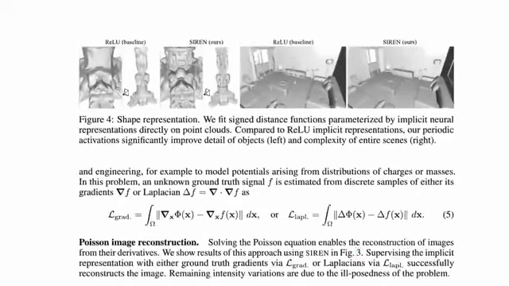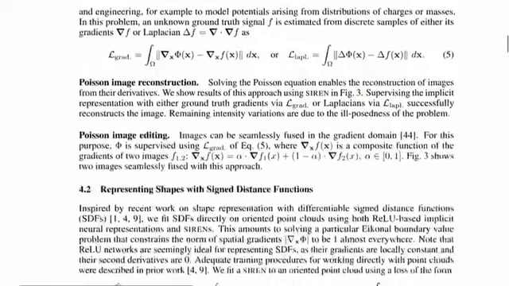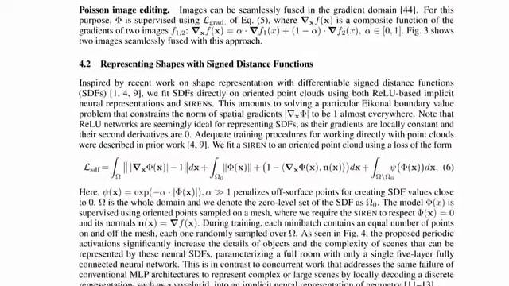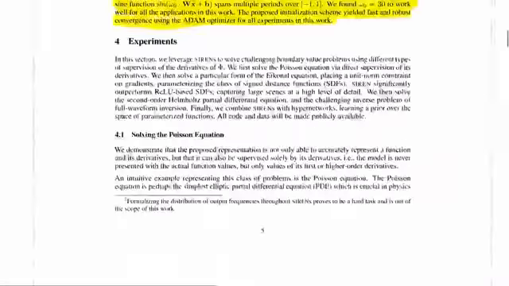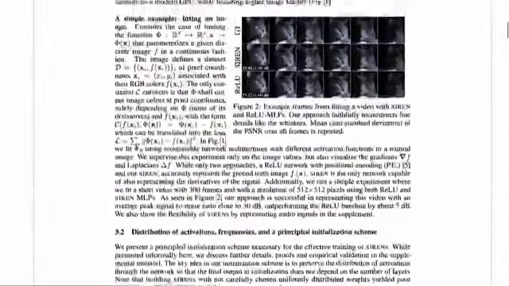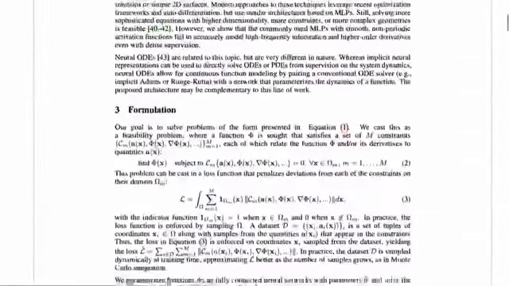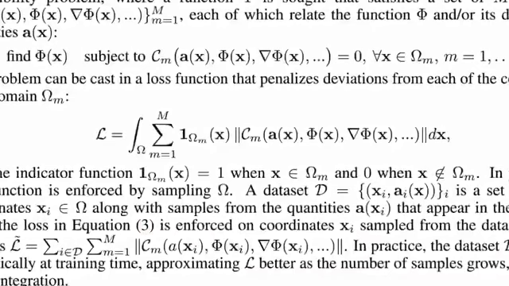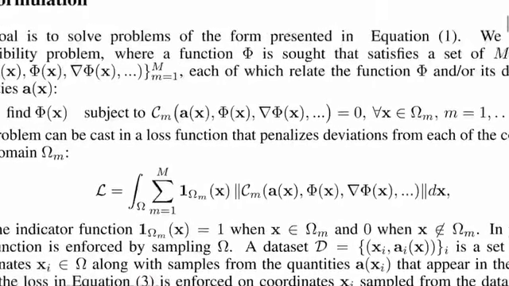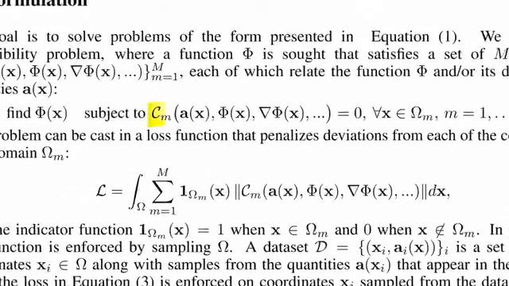interesting things right here. For example, representing shapes with signed distance functions. So if you go over the actual formulation of their loss function, we haven't actually done this quite yet. It's here. It's very complicatedly stated, but ultimately a component right here are these C_m, which are constraints.